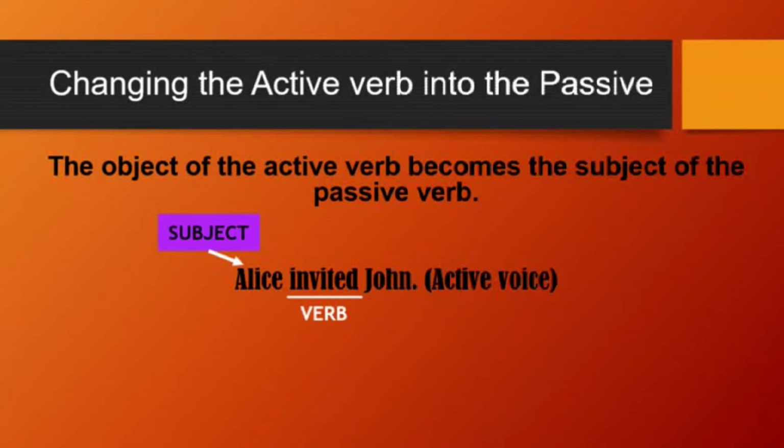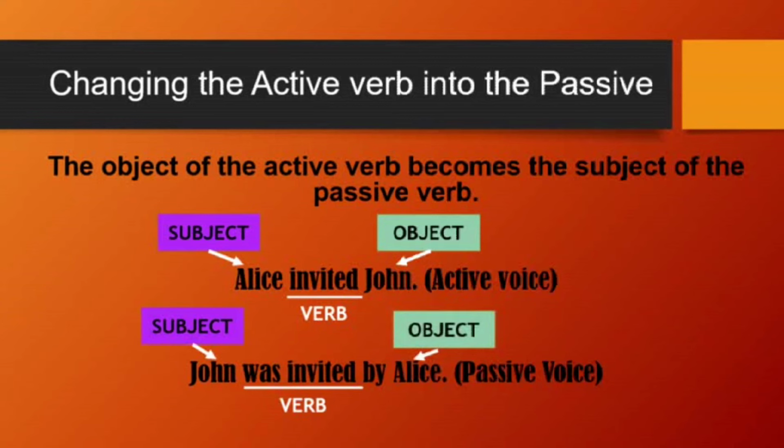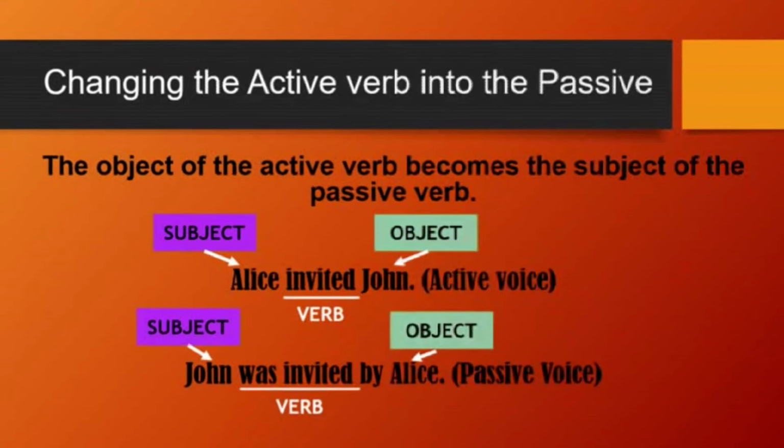The verb is invited, and the object is John. Let's have the next one. John was invited by Alice. It's in passive voice. Note that John, which is the object in the active sentence, became the subject of the passive sentence. The verb became was invited, and Alice, the subject in the active sentence, became the object in the passive sentence.